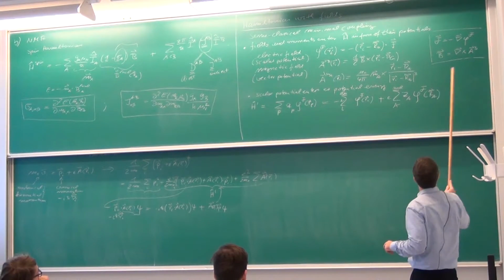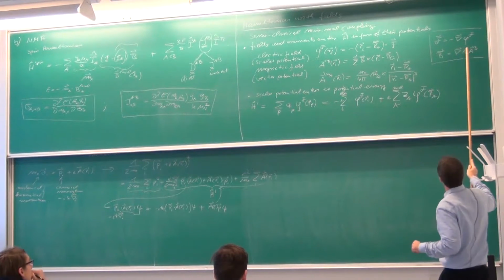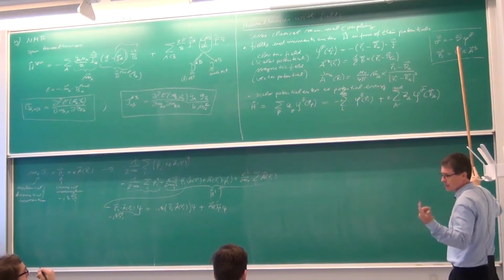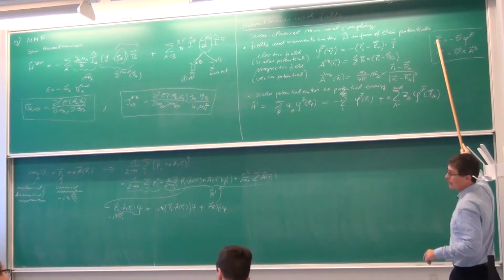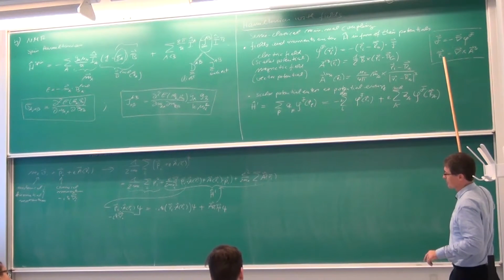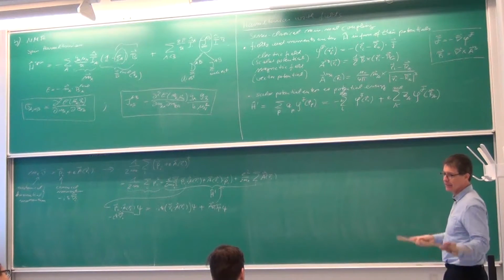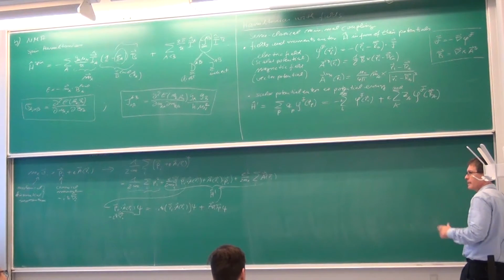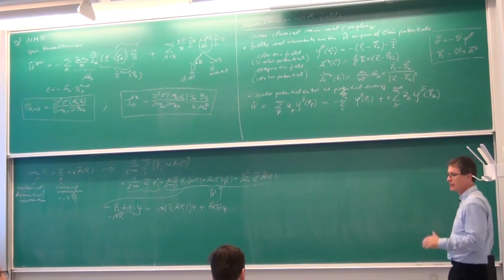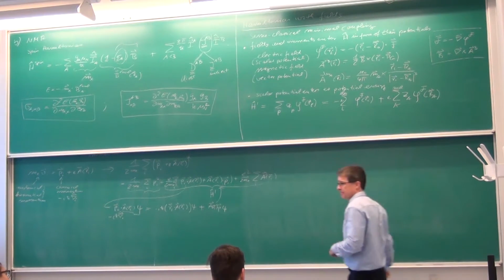The same also happens here, where I can add something to both potentials, something which corresponds to a constant, and it will not change the fields. So there's some freedom in the definition of those potentials. To a scalar potential, I can always add a constant and it will not change the electric field. And similarly, I can do things with a vector potential.